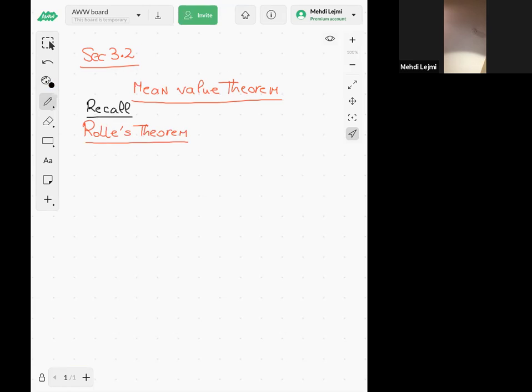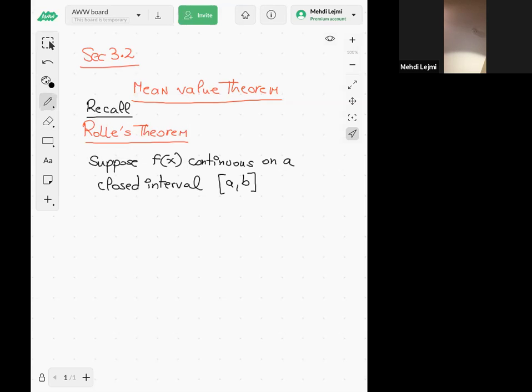It says the following: you have a continuous function f of x on a closed interval [a, b], with f of a equal to f of b.